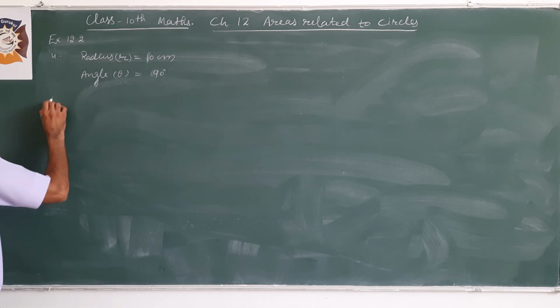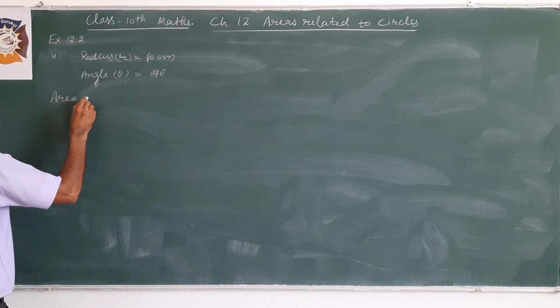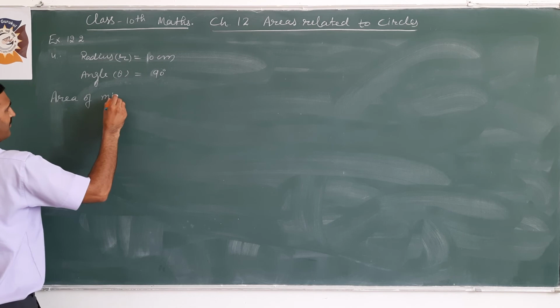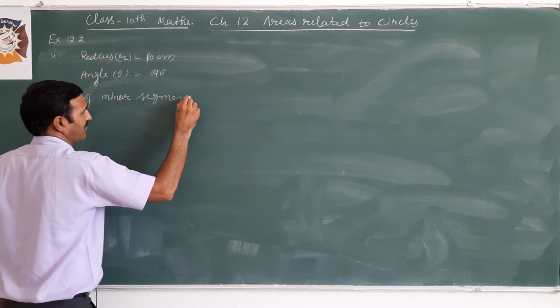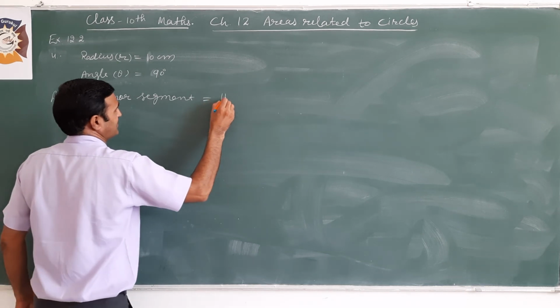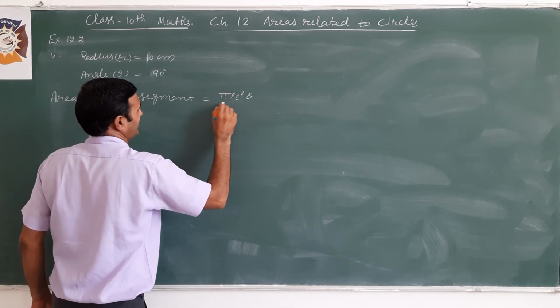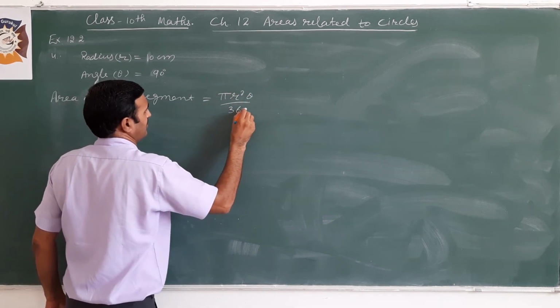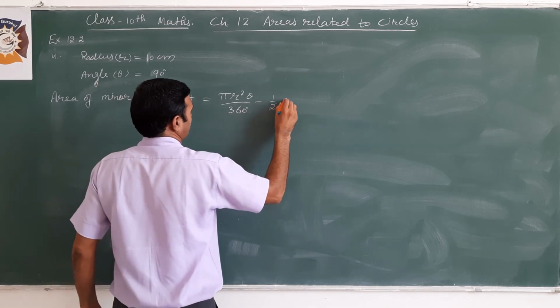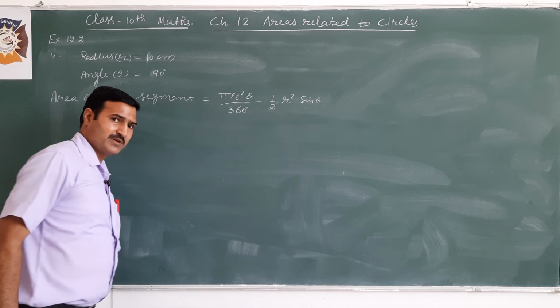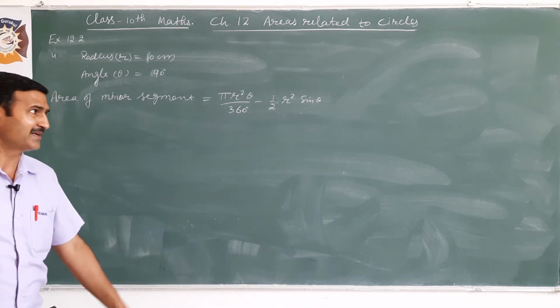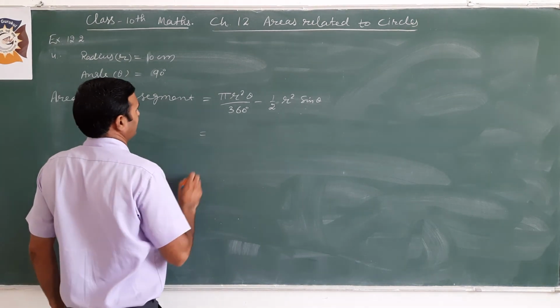So area of minor segment, that is area of sector minus area of triangle, we know, minus 1 by 2 r square sine theta. This is the formula for area of minor segment. Put the values.